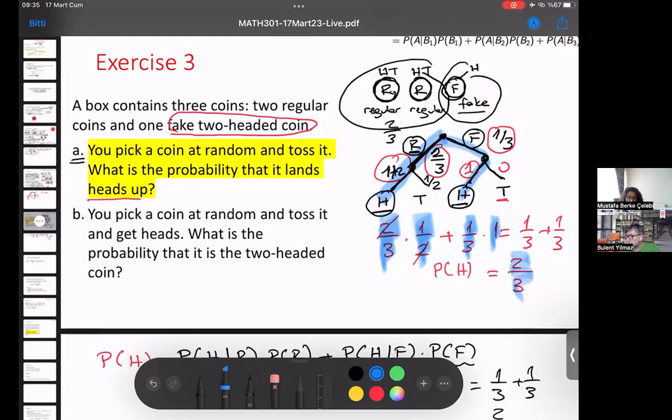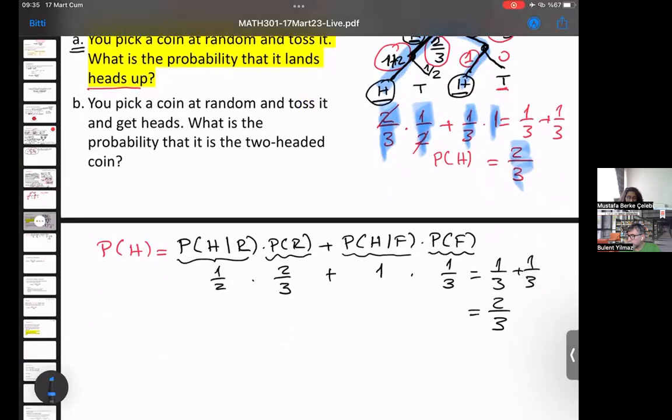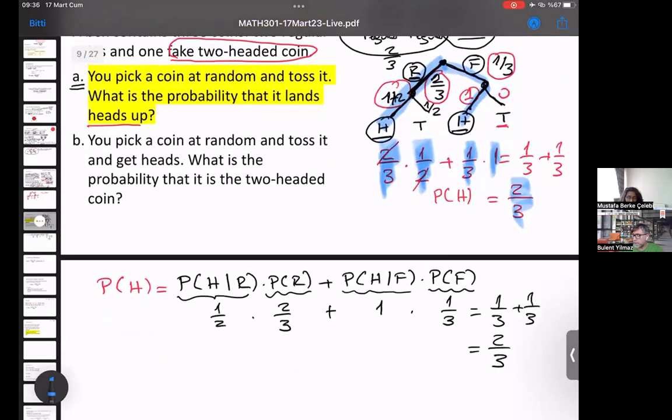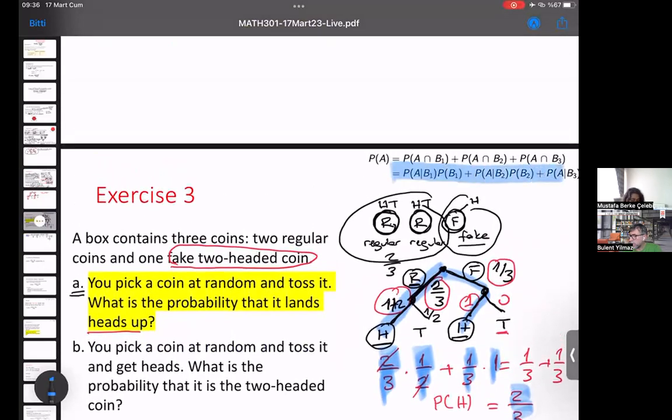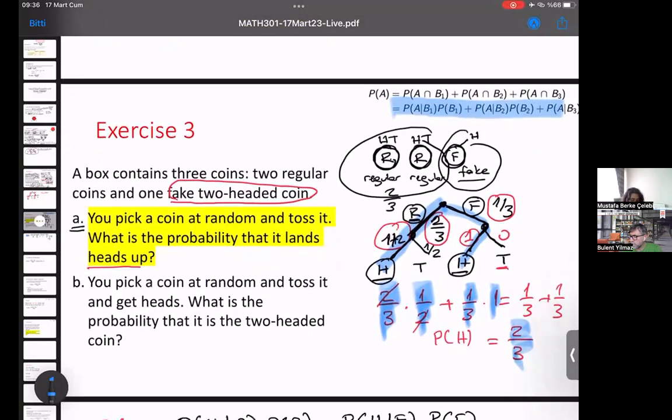Okay? So if I go to the second way of doing it, I'm after the probability of heads. And if you remember, that was my formulation for obtaining total probability.